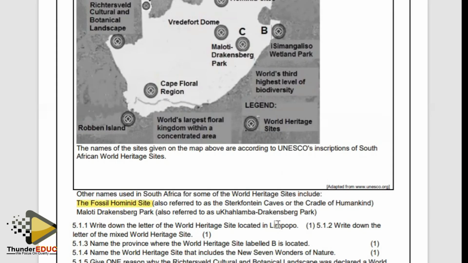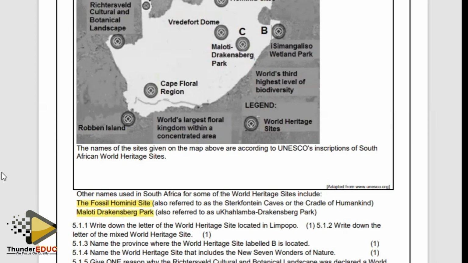So instead of using the Cradle of Humankind, let's call it the Fossil Hominid Sites of Southern Africa. Then the Maloti-Drakensberg Park is the new name for Ukhahlamba Drakensberg Park.